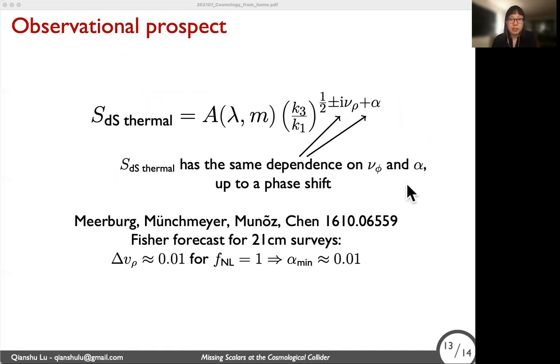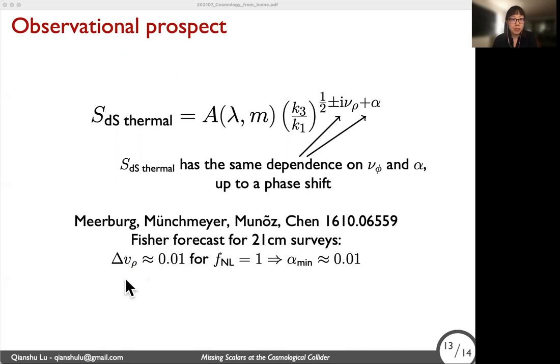So what we have done is to borrow the Fisher forecast that these authors have done for this signal with alpha equal to 0 for 21 centimeter surveys, where they have found that for f_NL equal to 1, the 21 centimeter experiments are expected to reach an uncertainty for mu rho equal to 0.01.